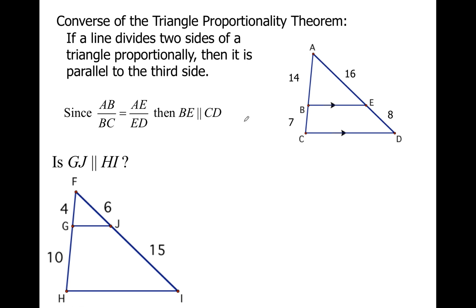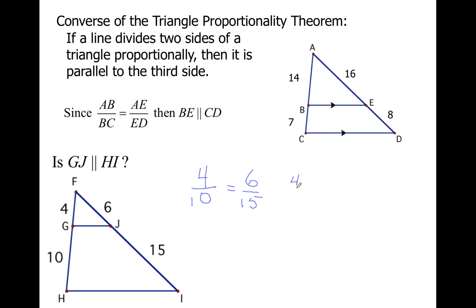So the question says, are these two lines parallel to each other? Well, they look like they're parallel. They do not have the markings that show they are parallel, so they give you some numbers, and we've got to figure something out. We're going to go top left over bottom left equals top right over bottom right. Two options are to cross multiply and see if they're the same.